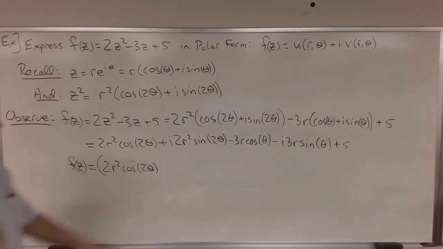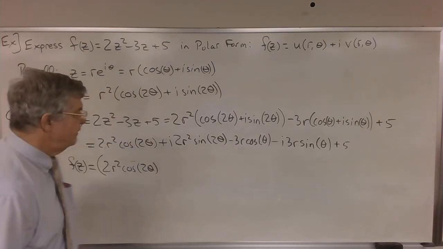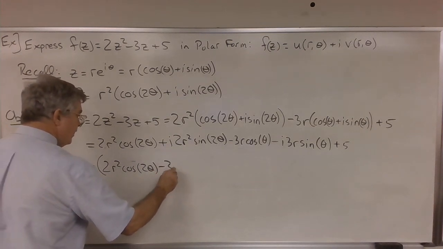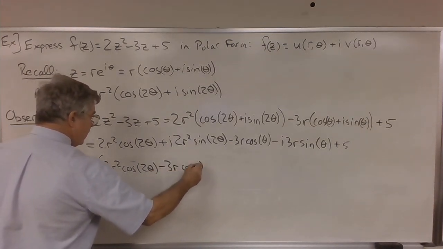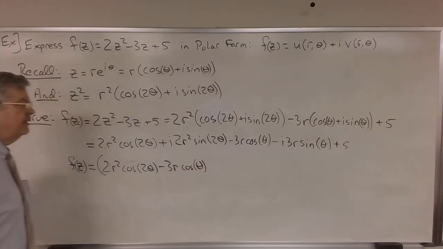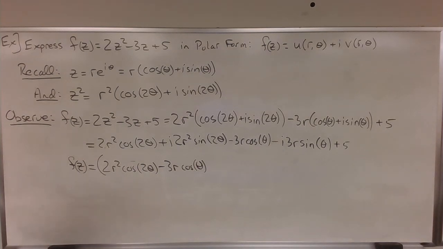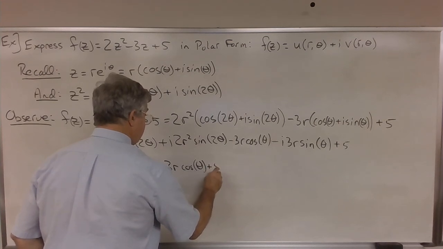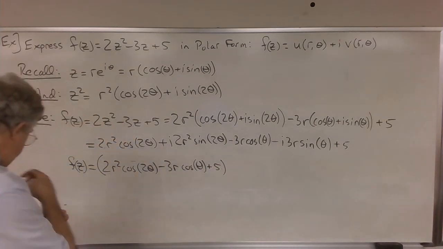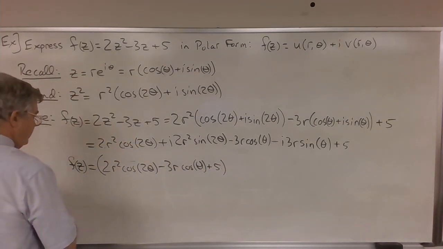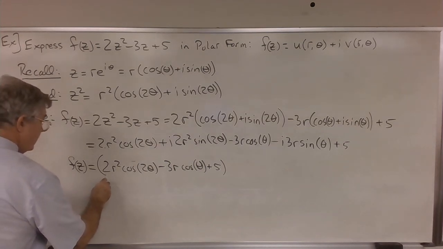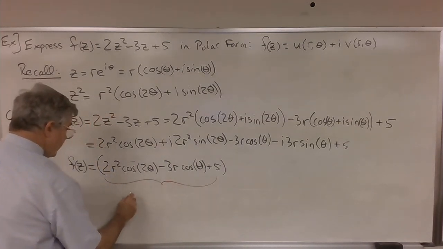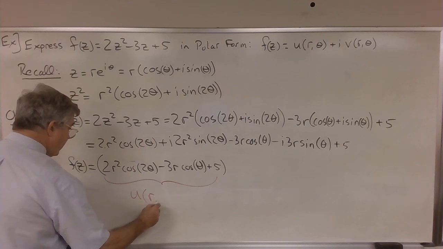And I have minus 3r cosine of theta. That's definitely real. And 5, that's definitely real. So I think almost certainly this is going to be my u of r, theta.